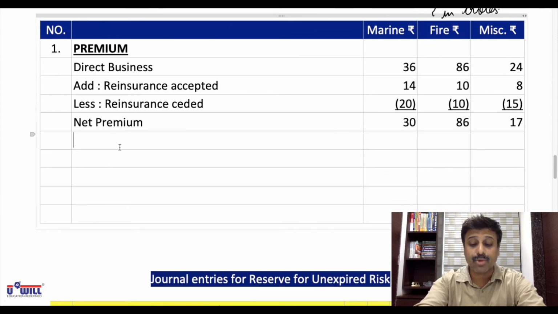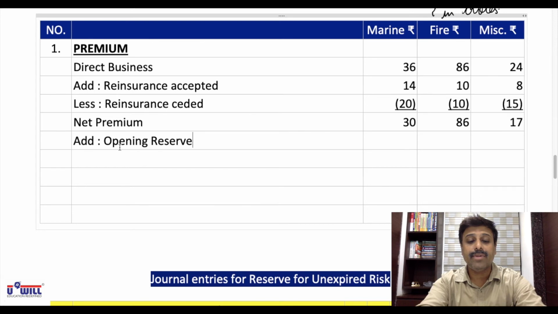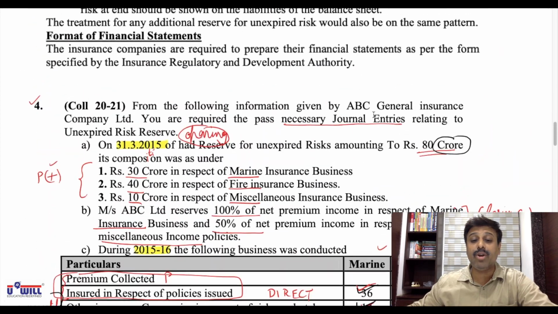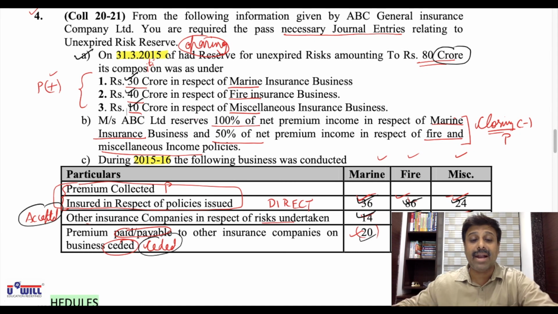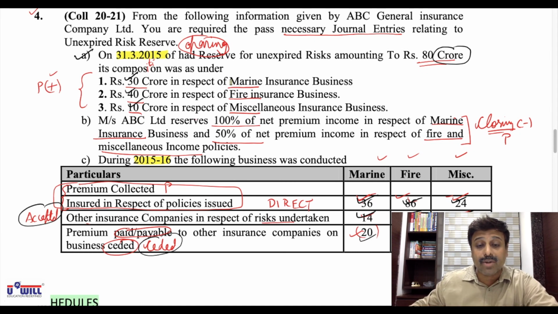Now what we are supposed to do, in that we will add opening reserve for unexpired risk. Because opening reserve, what did I tell you, is last year's pre-received income which belongs to the current year. So adjustment: 30, 40 and 10 we have to add. But keep it in mind, 30 is of marine, 40 is of fire and 10 is of miscellaneous.